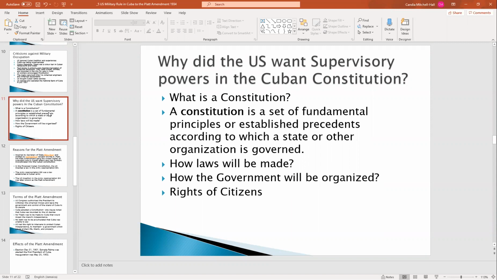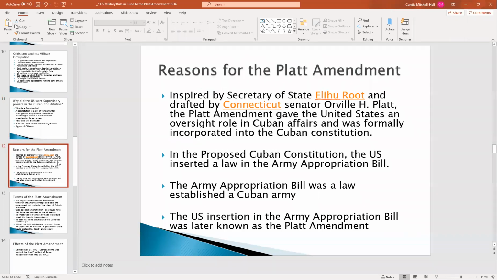The US is now saying, if we are leaving, we should supervise your constitution. We're not going to leave just like that.